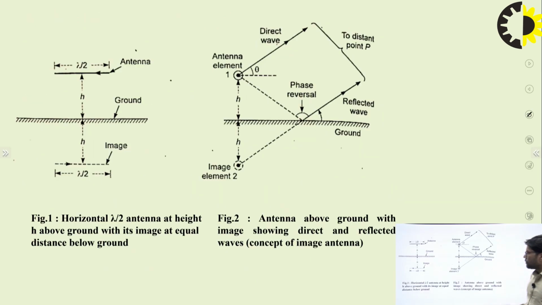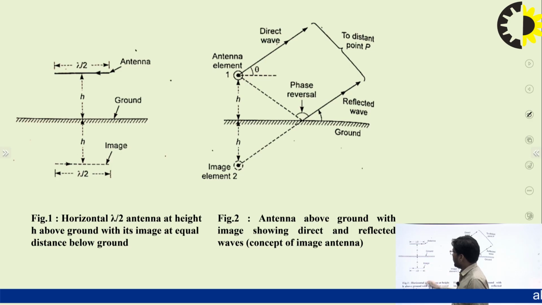Because the ground is nothing but a perfect conducting material, or we can say a perfect reflecting surface, if you correlate the things with the image theory, you can place the same antenna at a similar height h below the ground plane, and this is an image of the antenna.